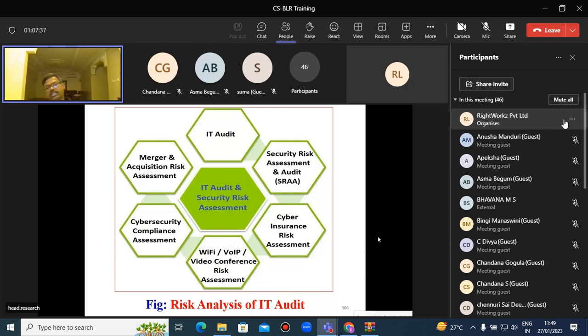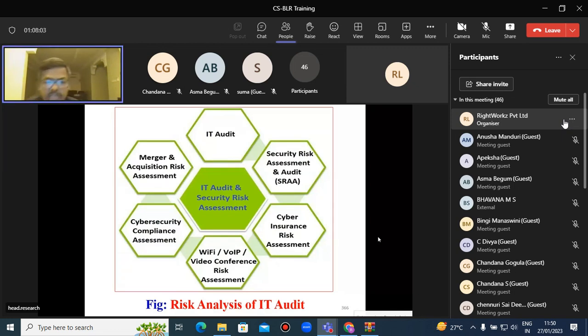Then security risk assessment and audit, SRA, so what type of security risk assessment and audit you are planning. Then cyber insurance risk assessment. Cyber related activities, what type of cyber, computer or IT or virtual reality risk assessment you are following.